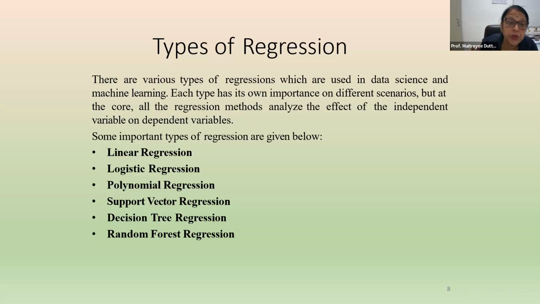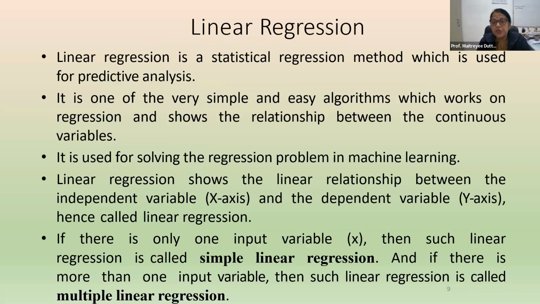For example, we will do linear regression, polynomial regression, decision tree, and logistic regression, though it is named regression, it is used for classification, right? Similarly, support vector and random forest we can use for regression, that we will see one by one. So first you see linear regression.